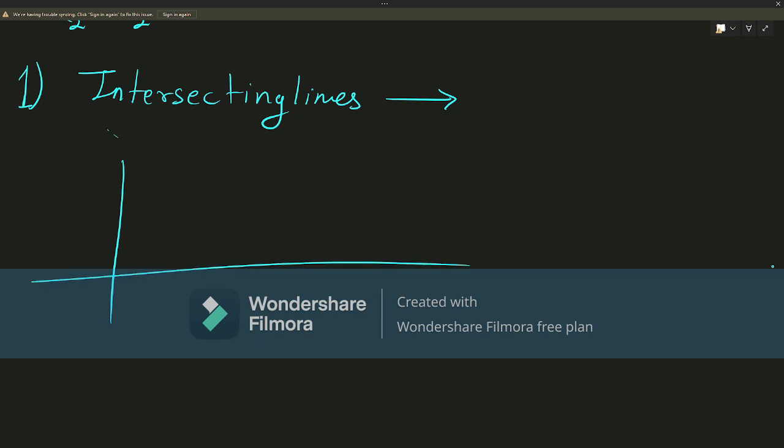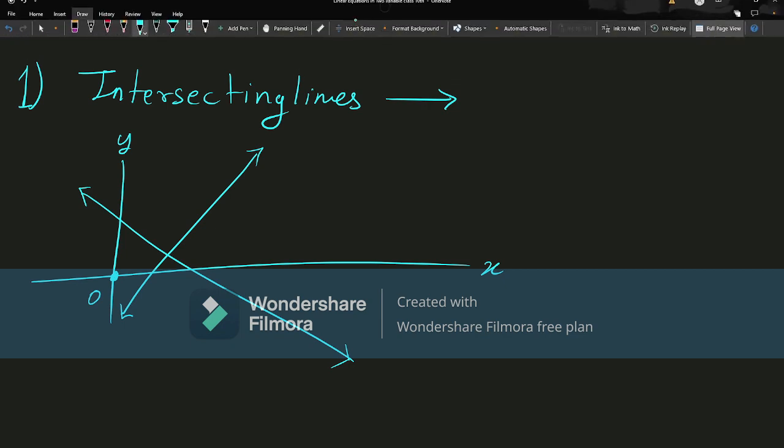So let's take this as the y axis and this is the x axis, and where the x and y axes meet or intersect is 0. Now suppose I have two lines here. One is like this and the other is like this. You will draw arrows like this so they are extending to infinity. We learned this in Euclid geometry also.